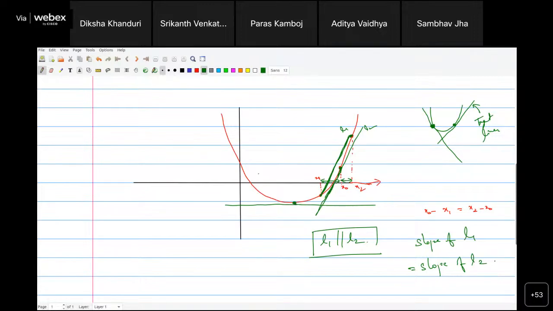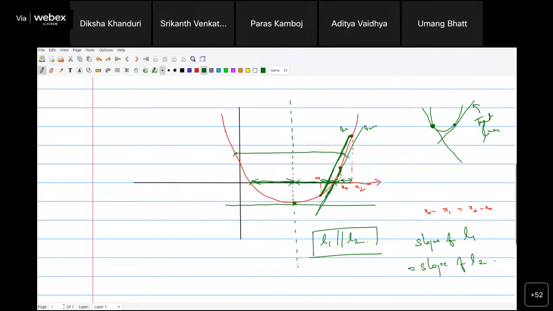Yes. And this bottom point passes through the axis of symmetry. If I take any points on the left side and the right side at equal distances and join them, every such line will be parallel to the x-axis.